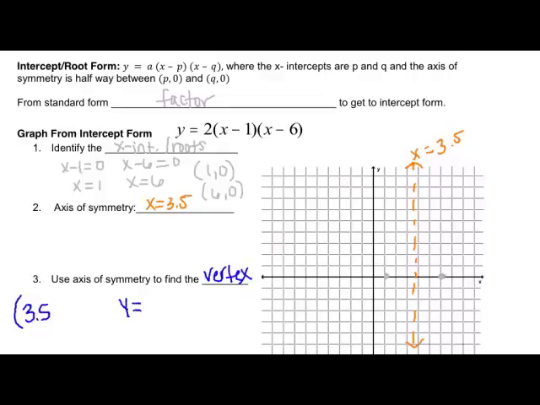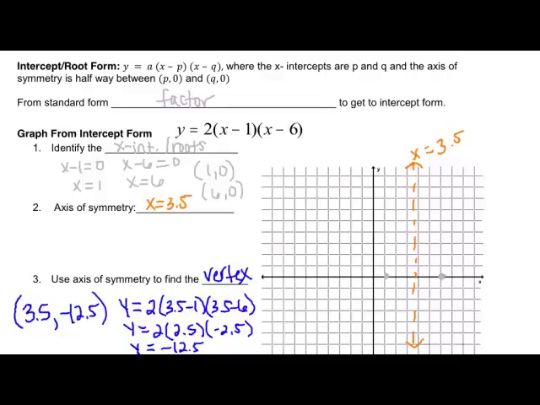So we just plug in 3.5 wherever we see an x in our equation. So if we simplify this, we get y equals 2 times 2.5 times negative 2.5. And again, if we just plug that in our calculator, we get y equals negative 12.5. So our vertex is (3.5, negative 12.5).